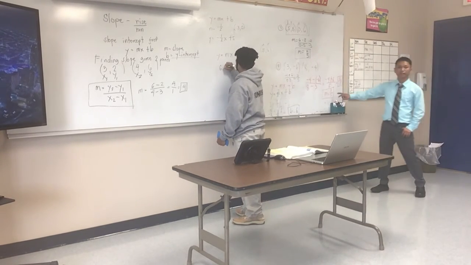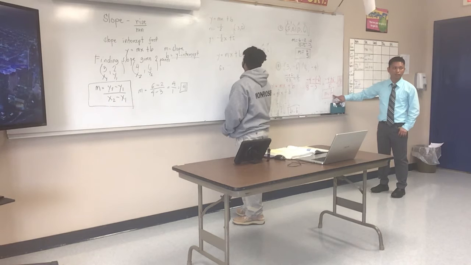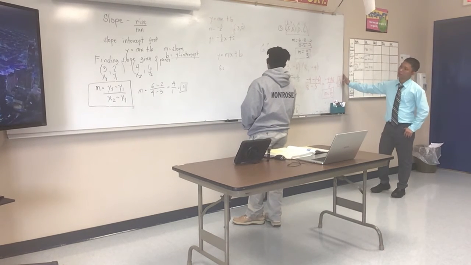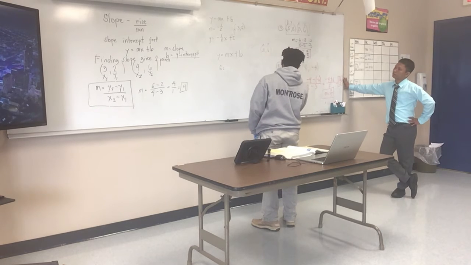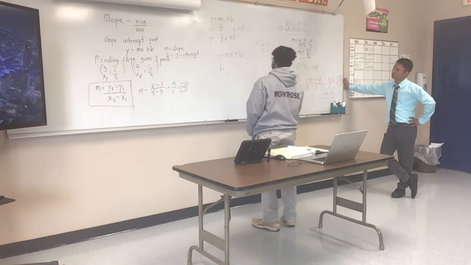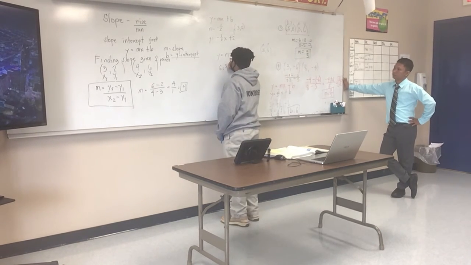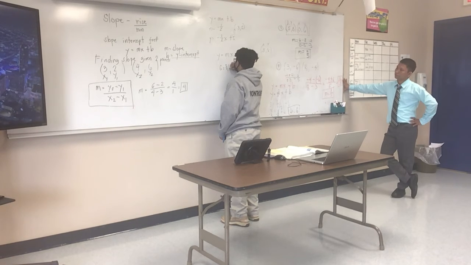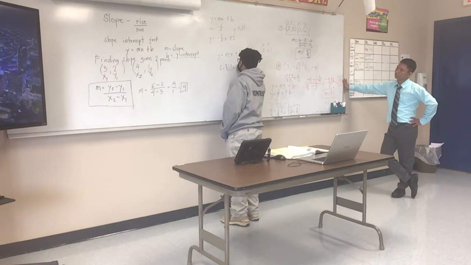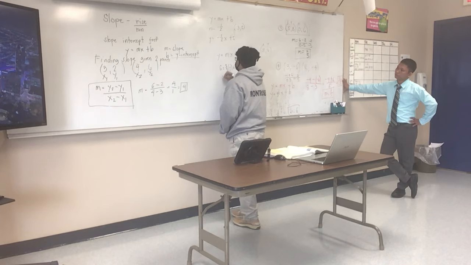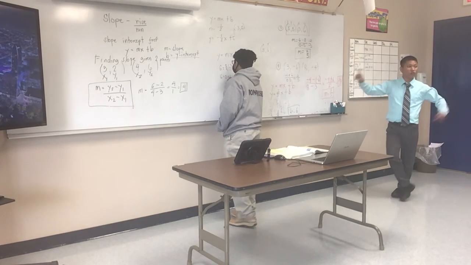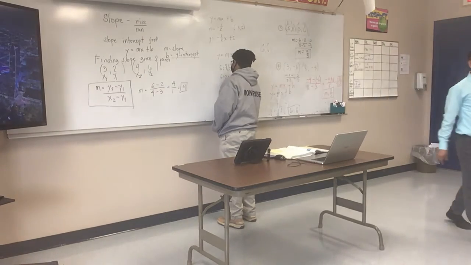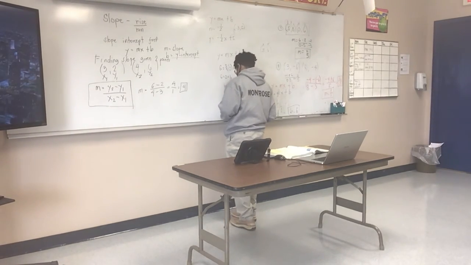We already identified our slope, it's 2 over 5. We should get the same value of b here.